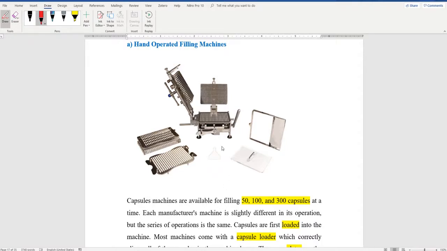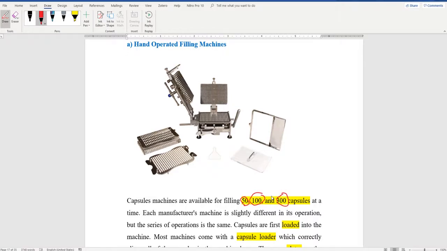Usually this machine accommodates a small number of capsules. When I say small it doesn't mean few like 3, 4, 5, 6. No, it accommodates for example 50, 100, 200, 300, something in this range.